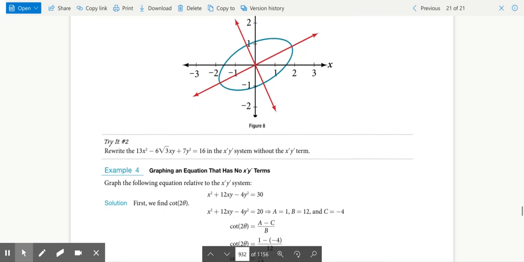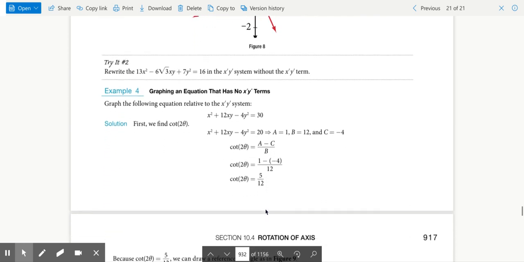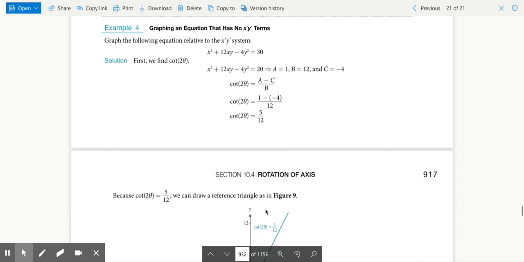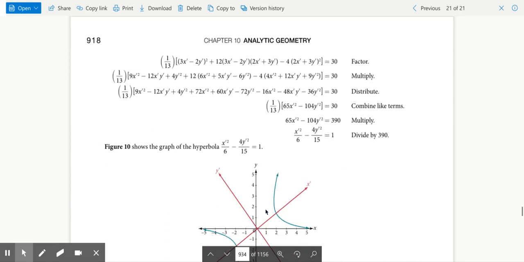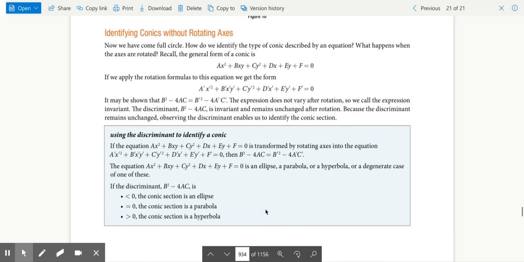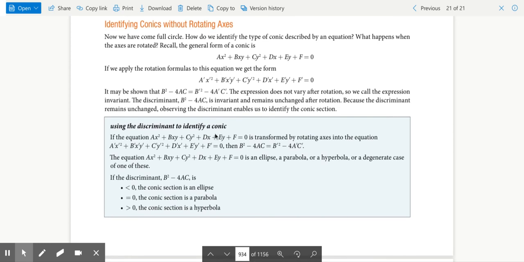Okay. One last real quick thing I want to talk about. And that is how we know what the equation is, if it has an XY term, how we figure out what conic it is without actually doing all of that work to change axes. And that is using the discriminant.